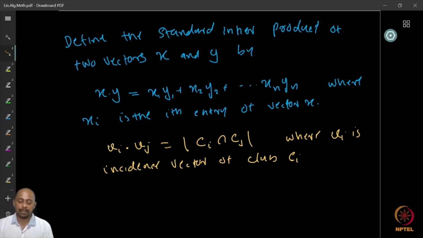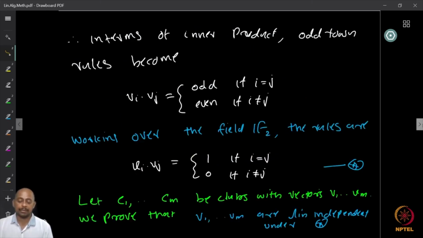So the inner product of the incidence vectors gives the number of people who are common to the clubs. Now let us look at the situation in terms of the inner product. Can you write the rules of the odd town? If i is equal to j, then it's basically vi dot vi.